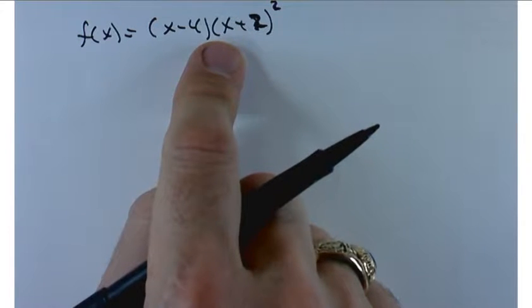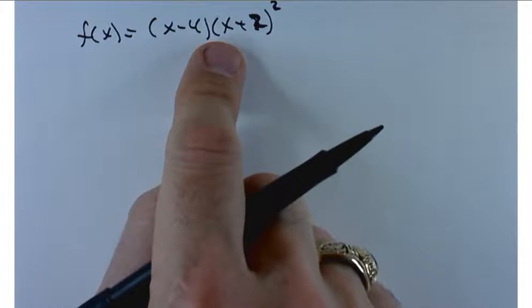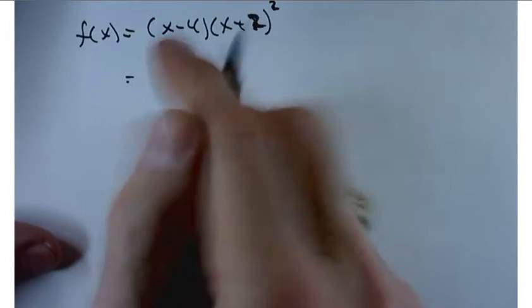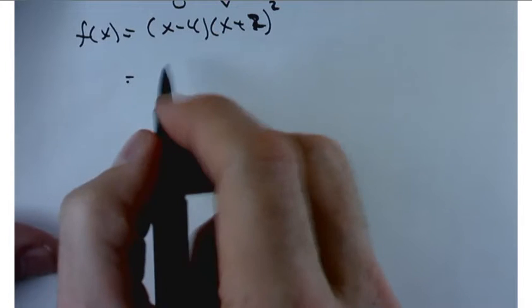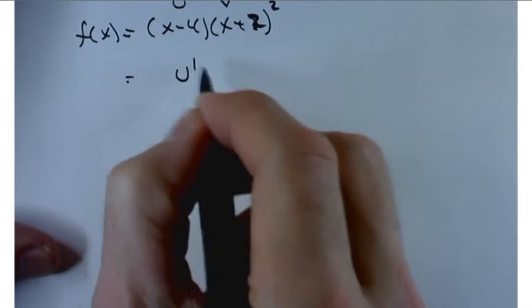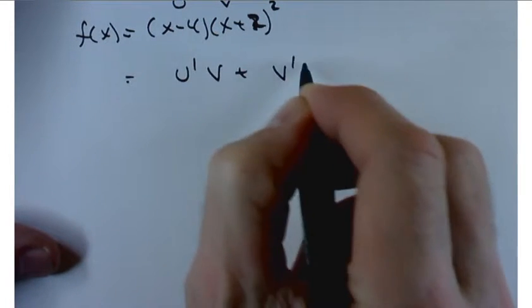It's going to be easier for us in terms of factoring and setting it equal to 0 if we just use the product rule and then try and clean it up from there. So let's call this u and v. It's going to be u prime v plus v prime u.